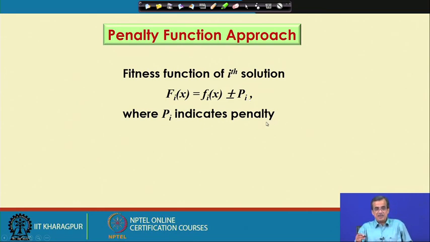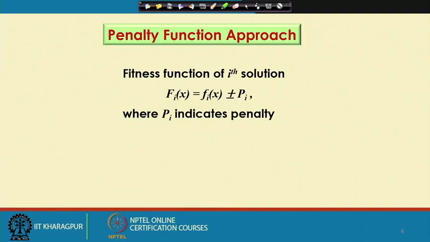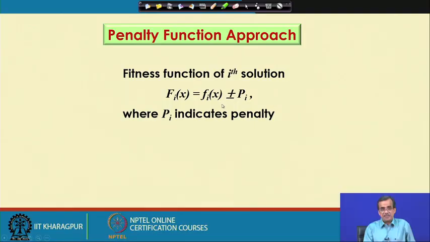Now, this p_i has a positive value, and supposing that I am solving a maximization problem, for solving the maximization problem this penalty term has to be subtracted. On the other hand, if I want to solve a minimization problem, I will have to add this penalty term.